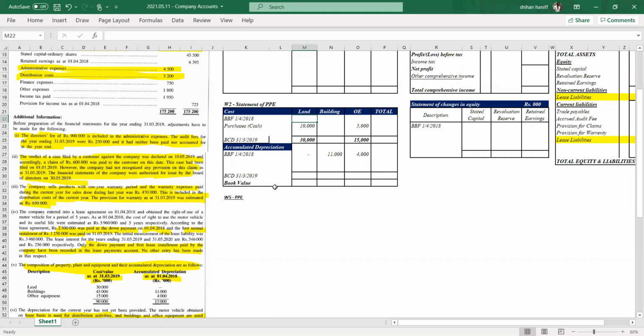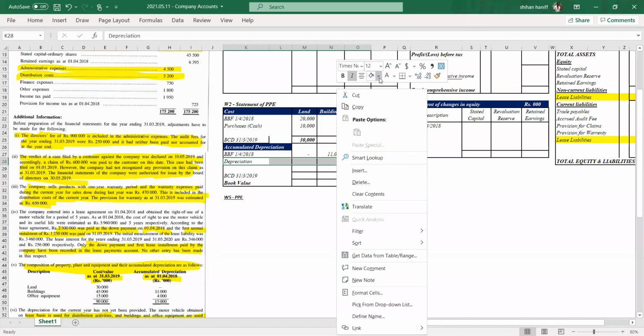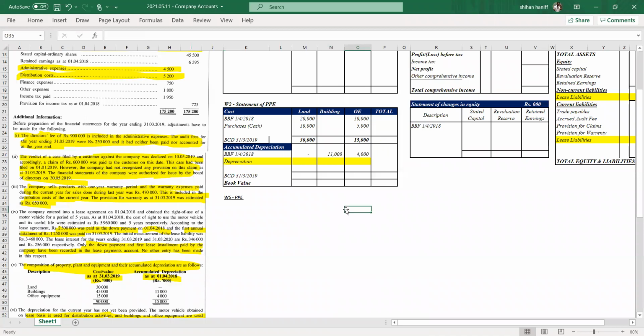Opening balance of land is 20,000. Office equipment balance is 10,000. Then we need to calculate depreciation.